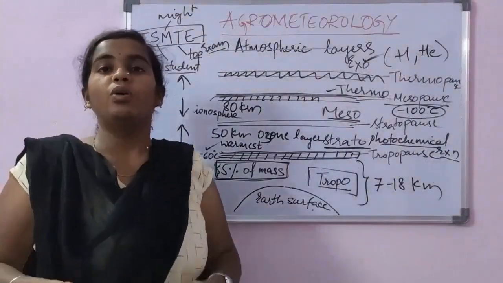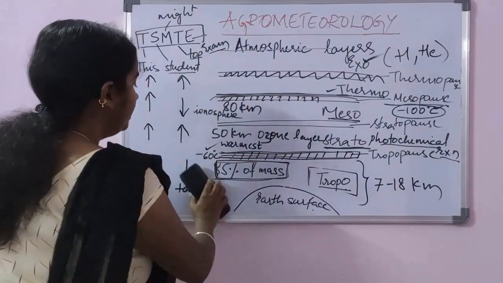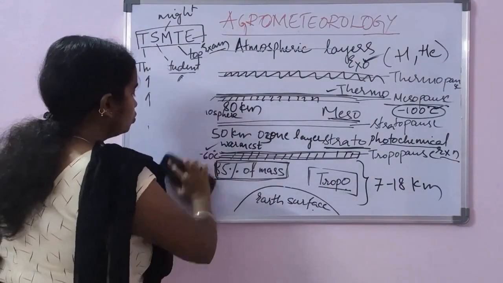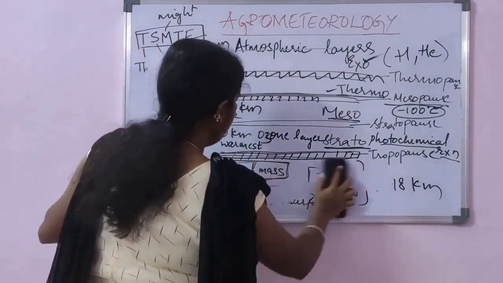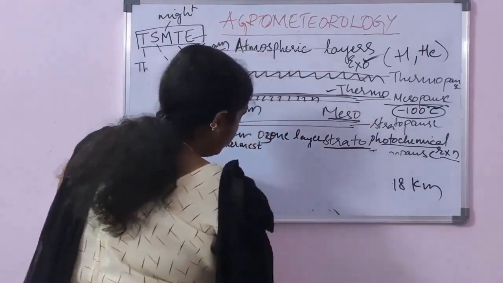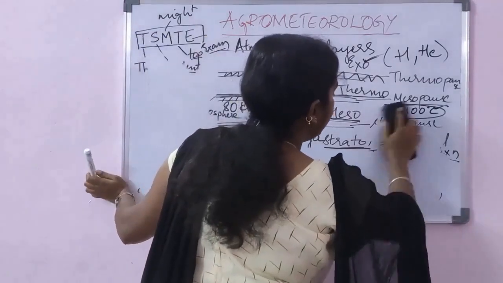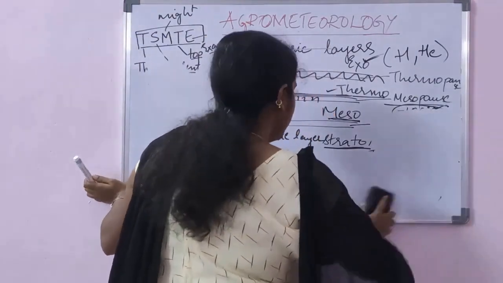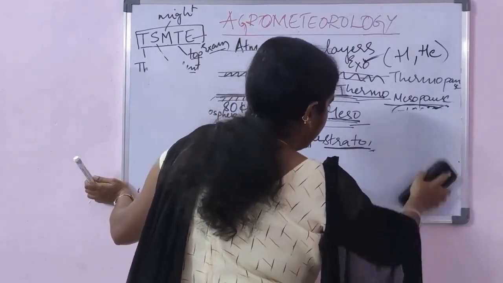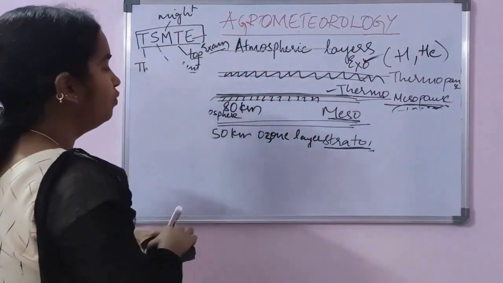Now let me talk about ozone layer and UV radiation in detail. We know that ozone layer is present in stratosphere, and we also know that this ozone layer protects the earth from harmful UV radiation. Now UV radiation have different wavelength, and we don't know which type of UV rays are harmful for the earth.